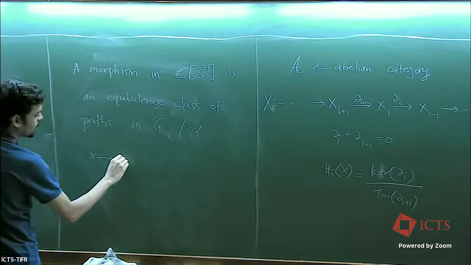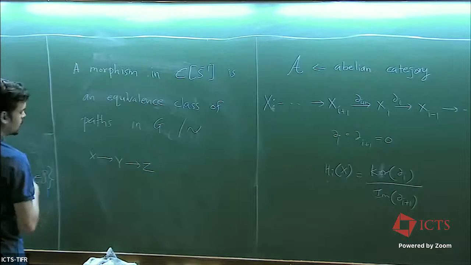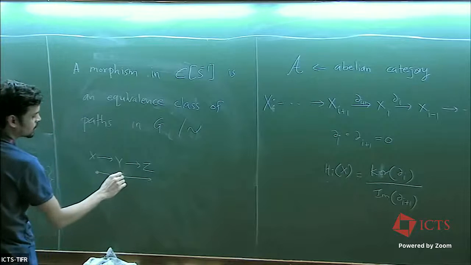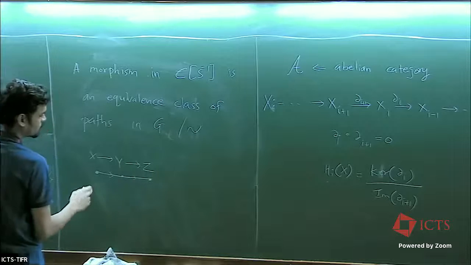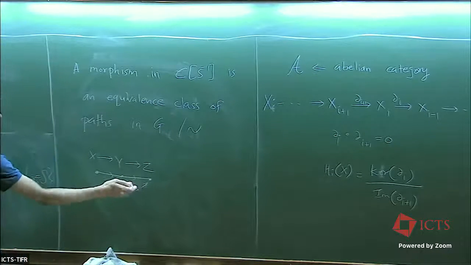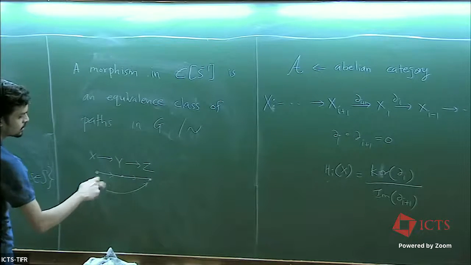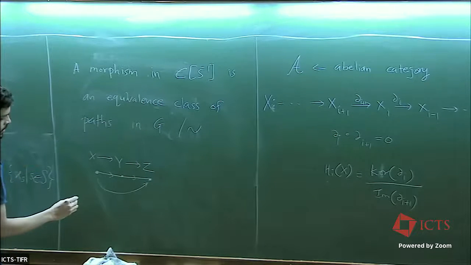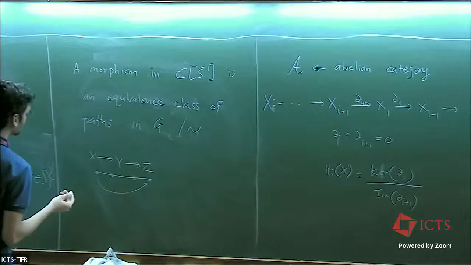What this tilde will identify, first of all: suppose you have a map from X to Y and Y to Z. Then in this graph, you will have this path going from the vertex corresponding to X to the vertex corresponding to Y to the vertex corresponding to Z. So you just compose this, and this composition and this path are the same under this equivalence relation. And we took these X_S as models for inverses.